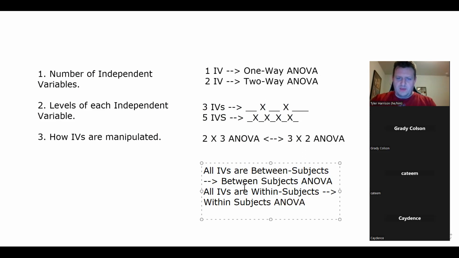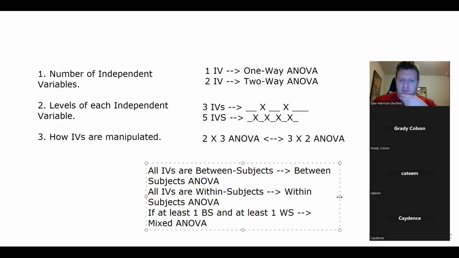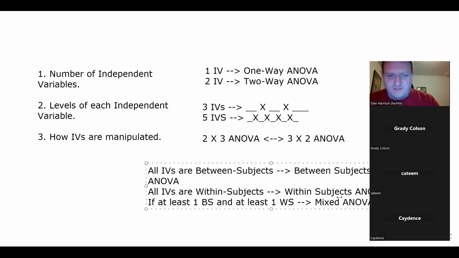If at least one between subjects and at least one within subjects, I have myself a mixed ANOVA. Okay. So those are the three things that we need to know when we are naming the ANOVAs.